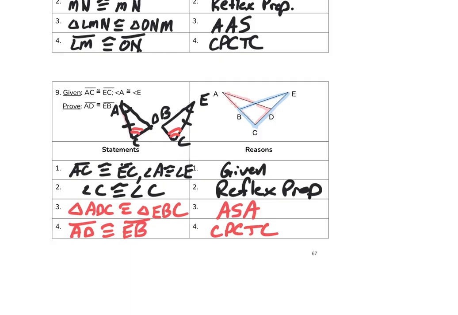Okay? Remember that HL has 3 parts. HL must have a 90-degree angle. Okay? So that's why it only has 2 letters. You have a hypotenuse, you have a leg, and you have a 90-degree angle. Okay? On the rest of them, you're going to have 2 angles with a side in between, 3 sides, 2 angles and then a side, or an angle between 2 sides. Okay? So it all depends on where those pieces are at. These are the 5 ways that we can prove a triangle is congruent.